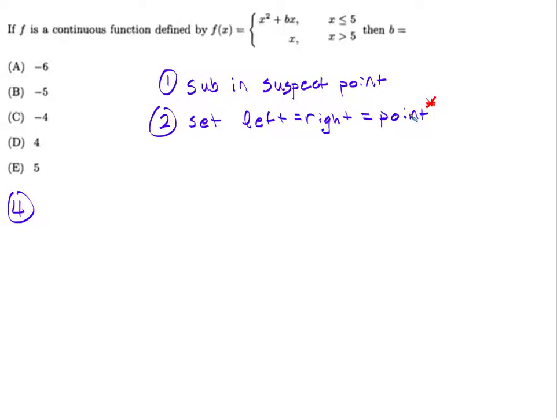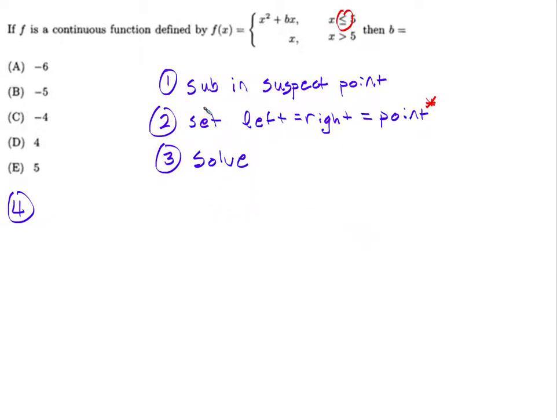So sometimes the point will be the left or the right. In this case, take a look right here, this less than or equal to, that is the point, so it is the left. I don't have to check the point because it is the same thing as the left, so I really only need to check that the left is equal to the right. So let's go ahead and finish this up and get the third step in here though. Third step is solve.